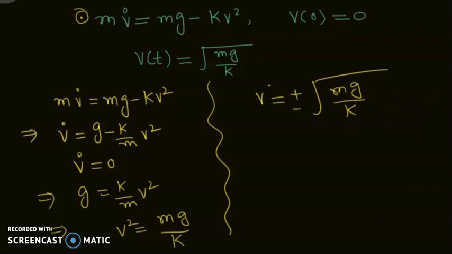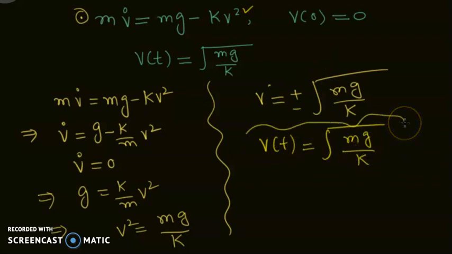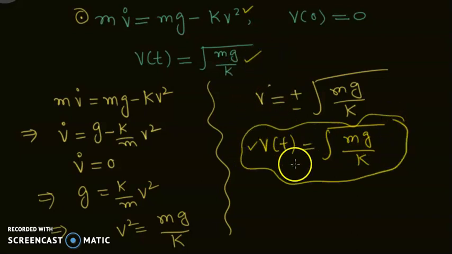Mathematically there are two fixed points, two equilibrium solutions of this differential equation, but for practical reasons, since the skydiver is falling with some positive velocity, we take v to be the square root of mg over k. So you can see that this is in fact nothing but the terminal velocity, the velocity that is approached as time goes to infinity.